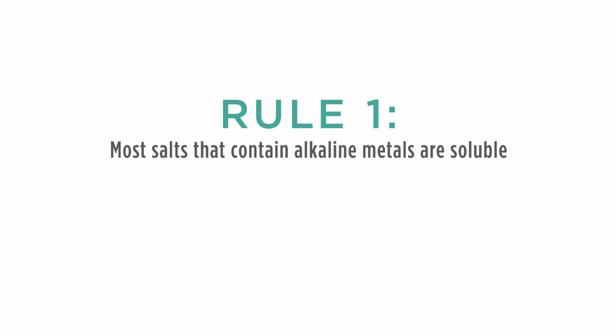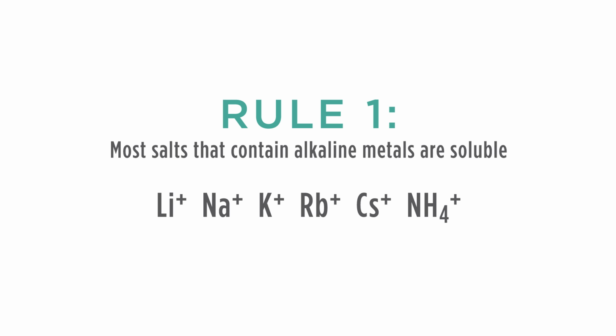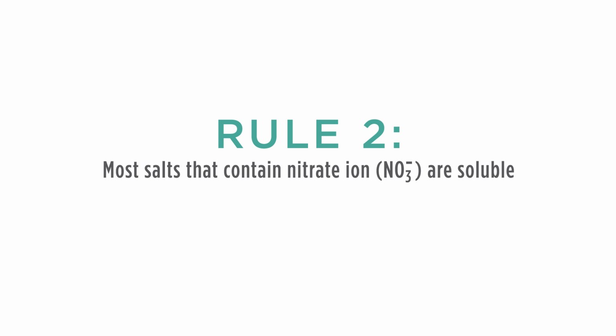Rule 1. Most salts that contain alkali metals, that's lithium, sodium, potassium, rubidium, and cesium, and ammonium, are soluble. Rule 2. Most salts that contain nitrate anion are soluble. Rule 3.